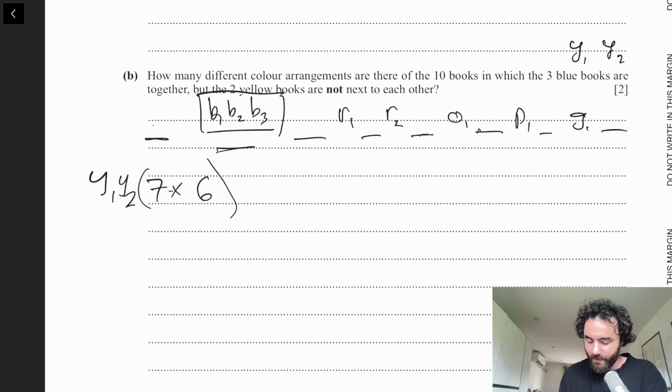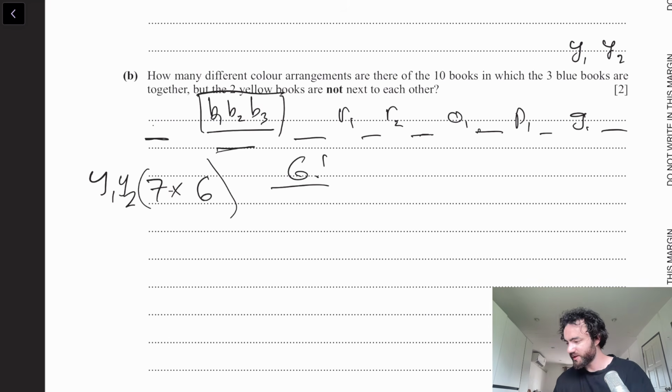So 7 times 6 for putting those things in this setup which I'm providing. Then we can arrange these objects around that yellow selection: 6 factorial, since we're treating the 3 blue books as a singular object because they have to be together, divided by 2 factorial because red 1 exchanged with red 2 is the same arrangement.